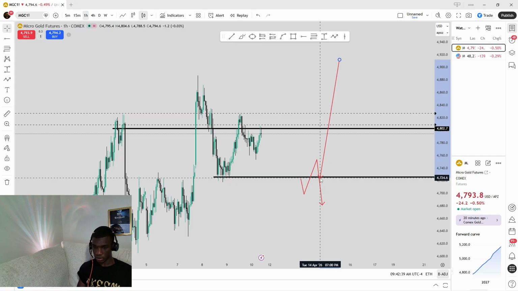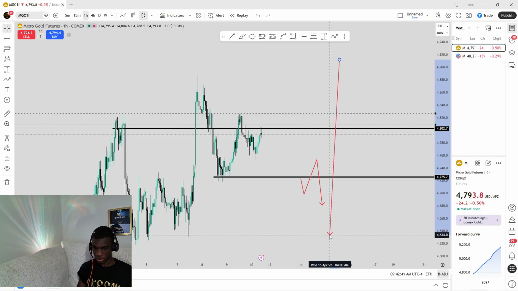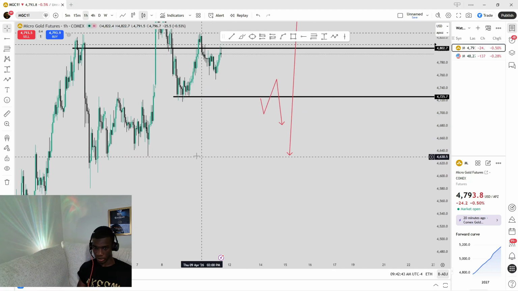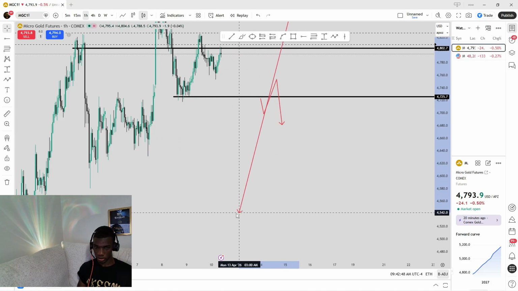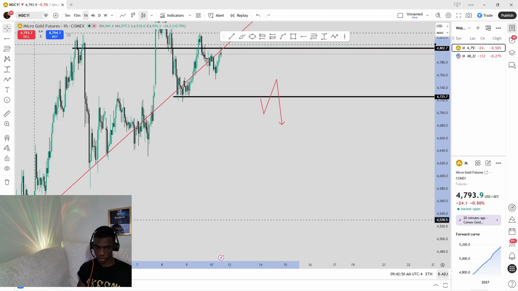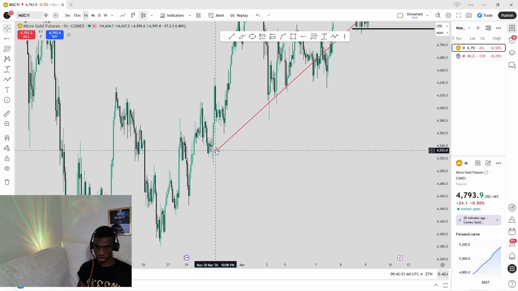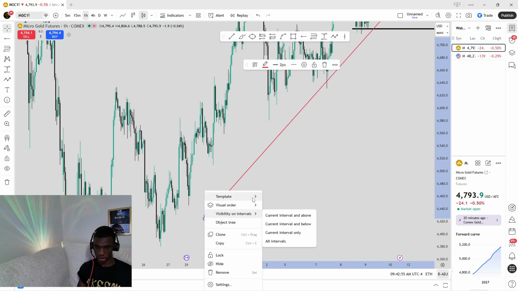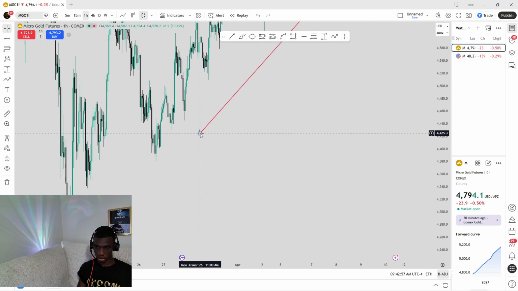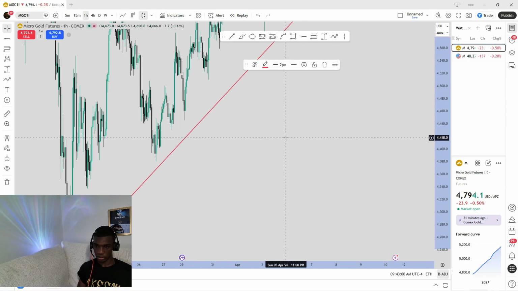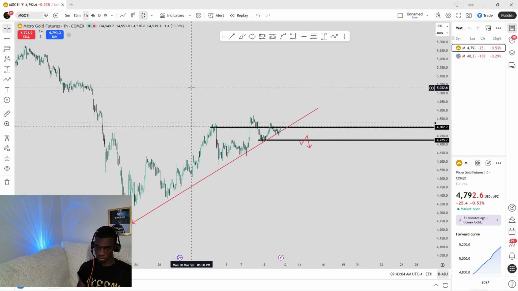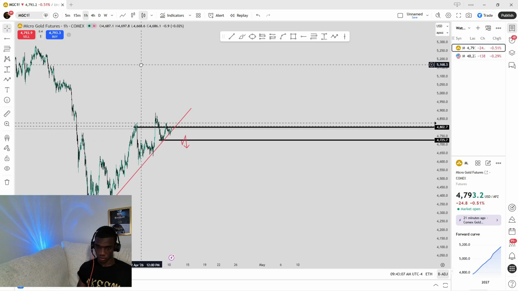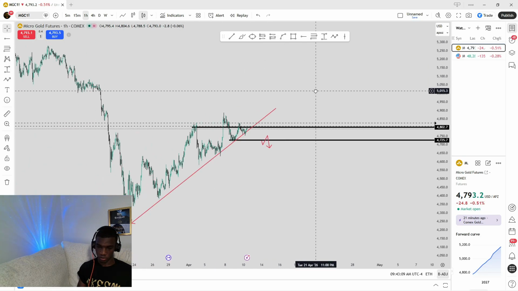Then back below this level, I would sell back down to the next levels of buyers, which are here, here, here, here, here, even here if price wants to go that far. So it's pretty simple if the market wants to react like that.